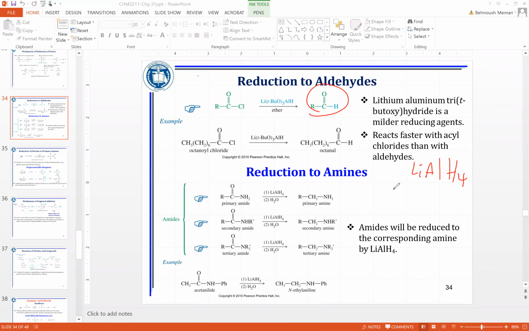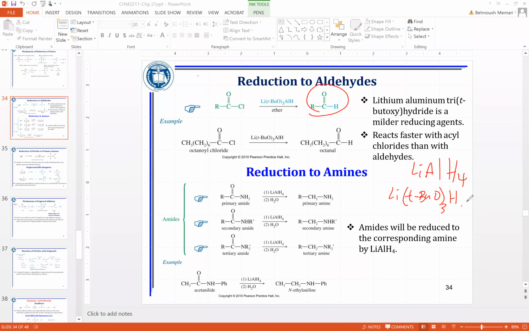And in order to poison it, you are going to take 3 of these hydrogens, and instead of the 3 hydrogens, you are going to use 3 t-butoxide, a bulky alkoxide, replacing 3 of the hydride ions. You only have 1 hydride, okay?